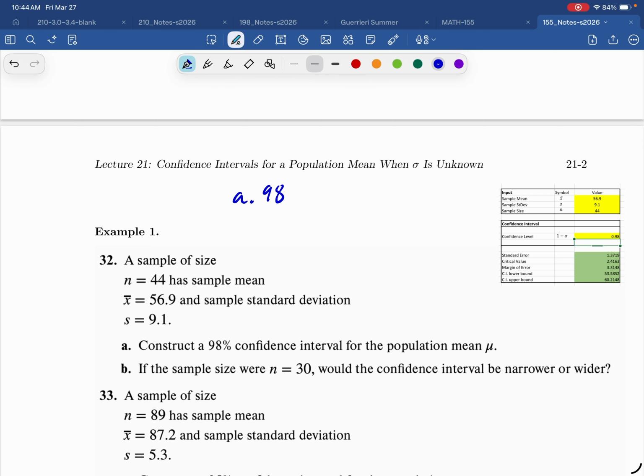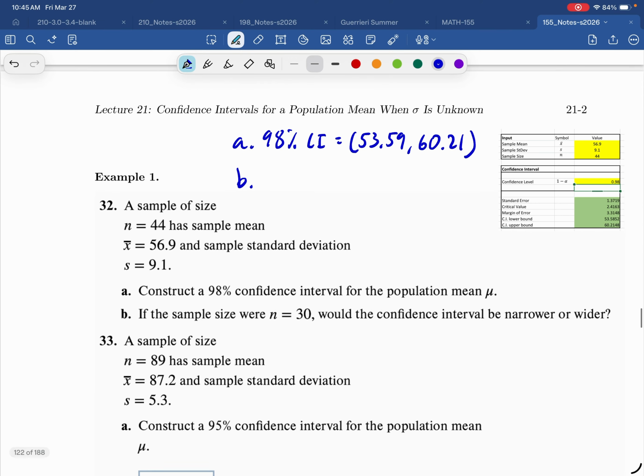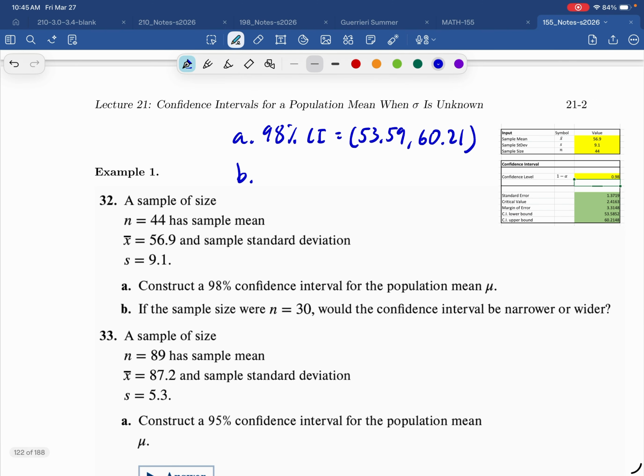So we'll say 98% confidence interval equals 53.59 to 60.21. There we go. Part B, if the sample size were 30, would the interval be narrower or wider?